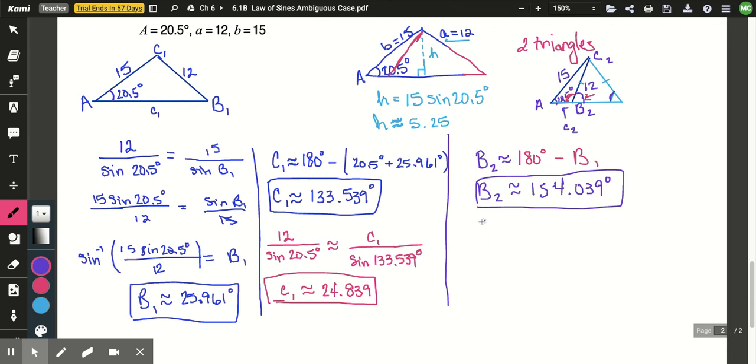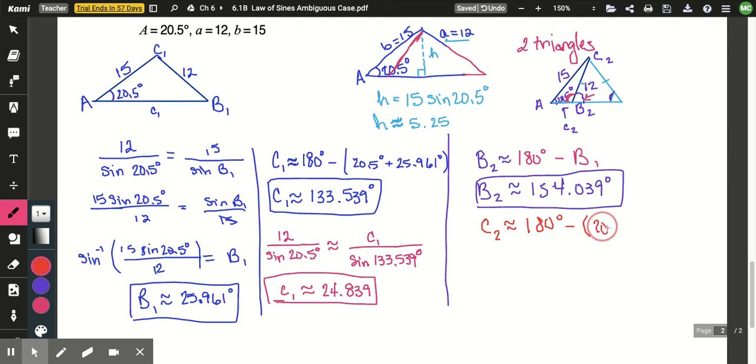The next thing I would need to find is C, so C2. And in order to find C2, I'm going to use approximated also because I have to use approximated values here. So this would be 180 degrees minus the two known angles in that triangle.